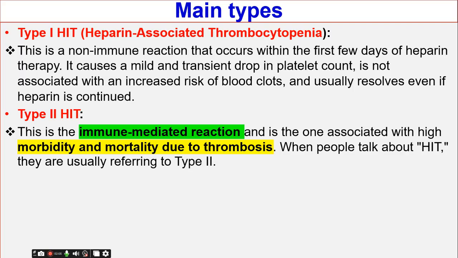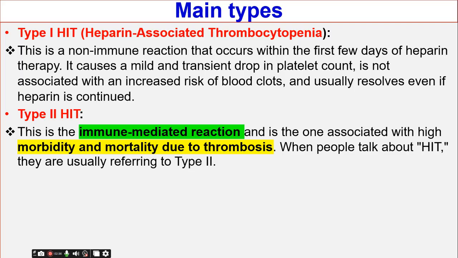When this combination occurs, it starts to stimulate antibody formation against this complex, and this antibody formation leads to thrombosis and at the same time leads to destruction of the platelets by the reticuloendothelial system, which leads to thrombocytopenia after that. So type 2 is the most important one that includes thrombocytopenia and thrombosis elsewhere, either venous or arterial.